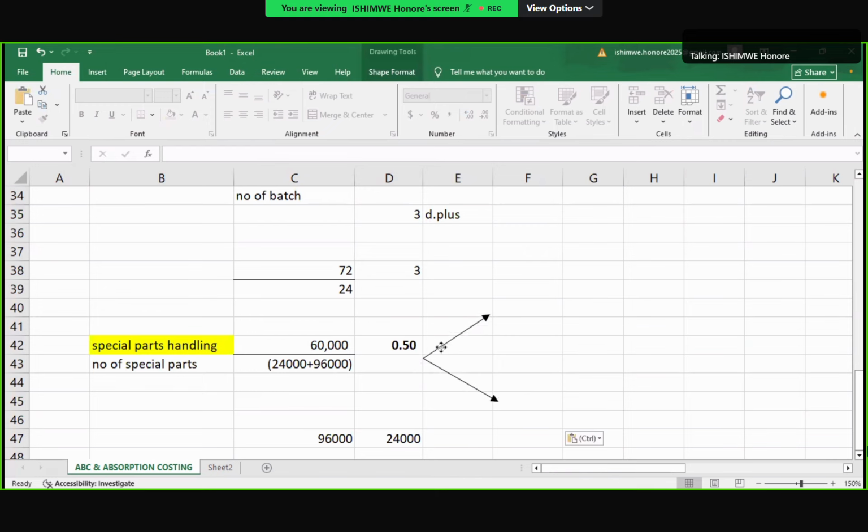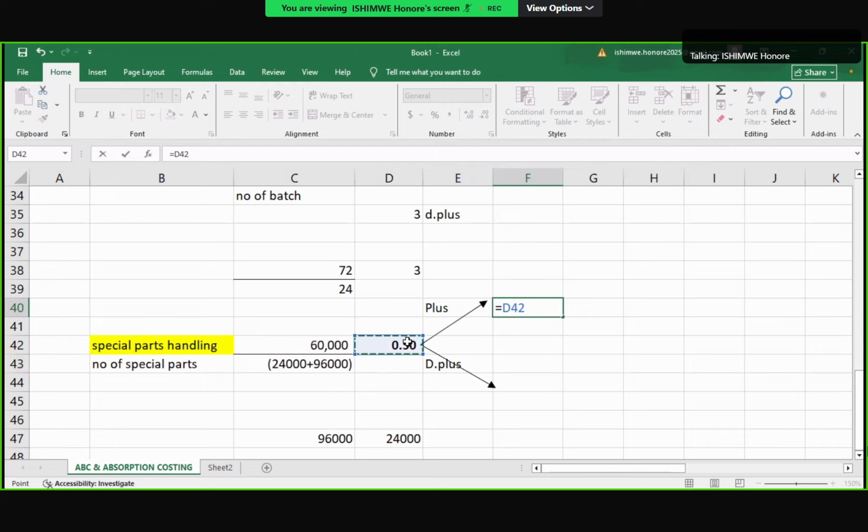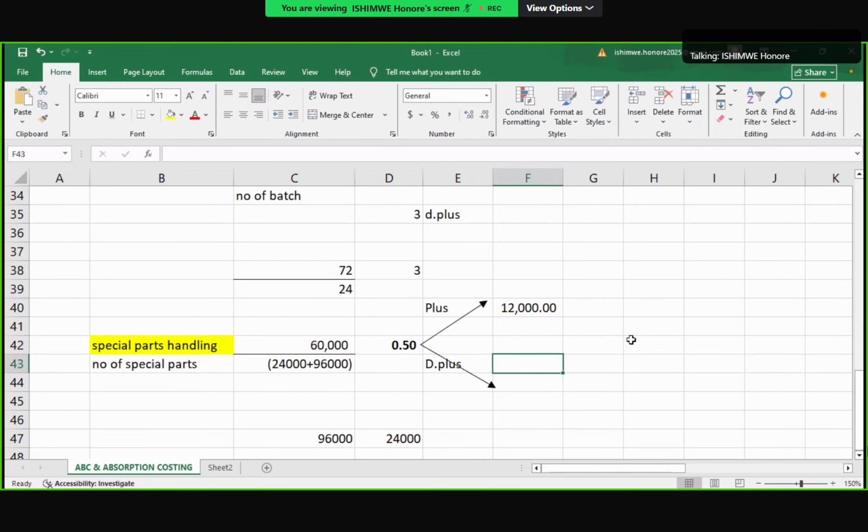Now here I'm going to have the one for plus, and here double plus. So here it will be 0.5 times 24,000. That is in the plus. I hope you are seeing the logic I'm using.